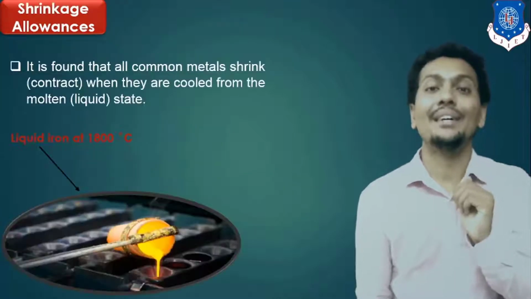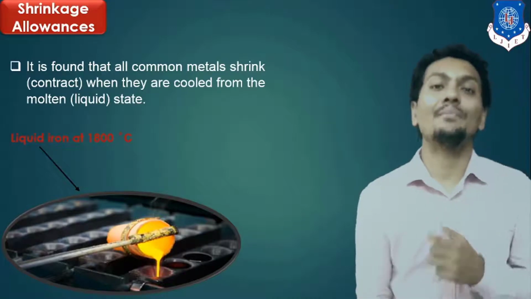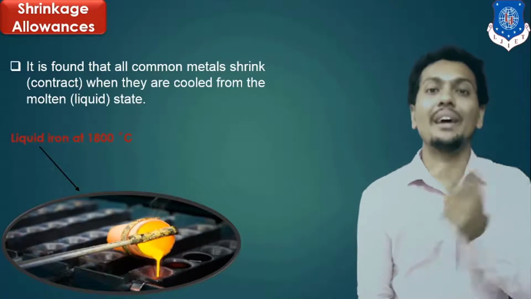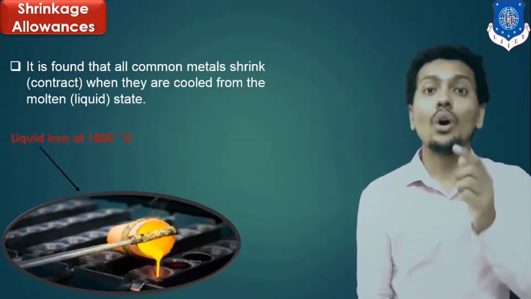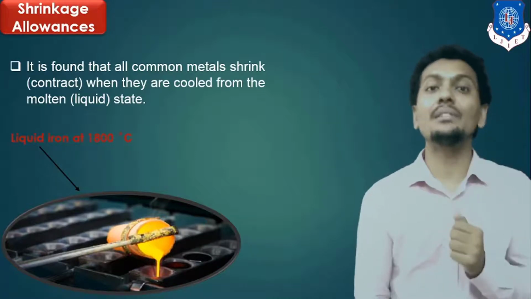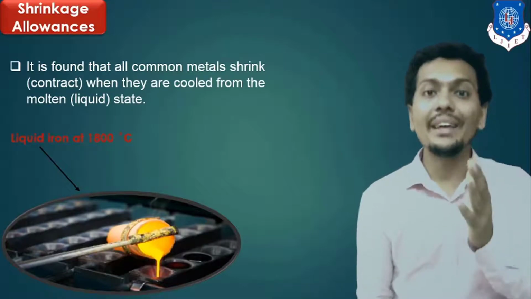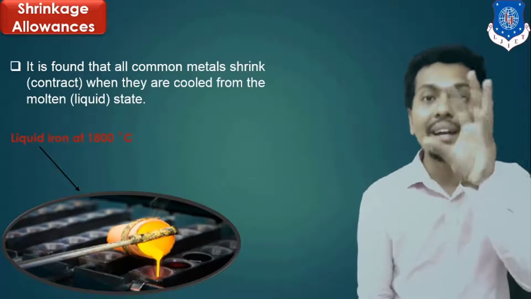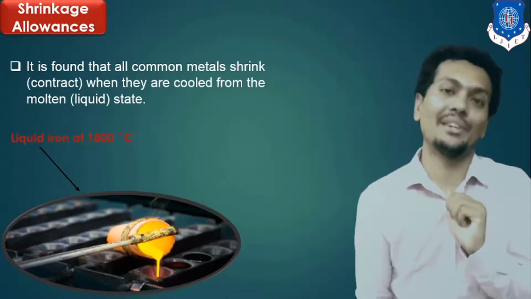Let us start with the first allowance mentioned here, and that is shrinkage allowance. What do you mean by shrinkage allowance? All metals will shrink or contract in dimension during cooling and solidification.